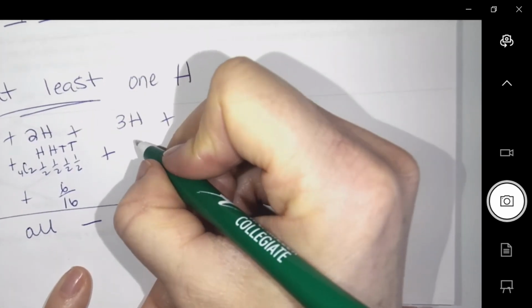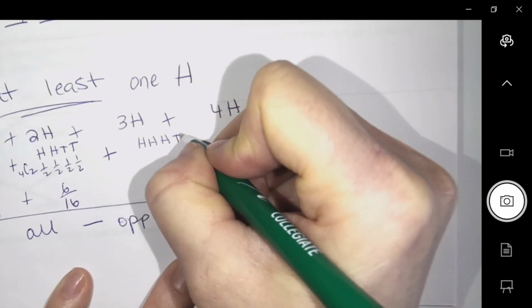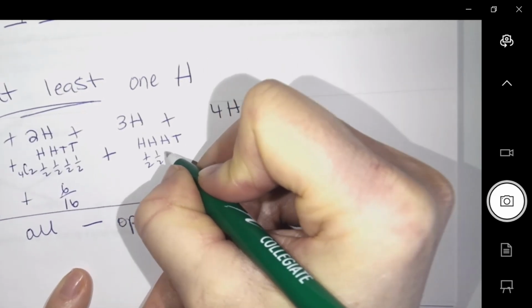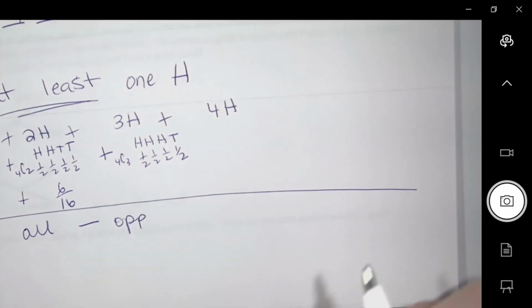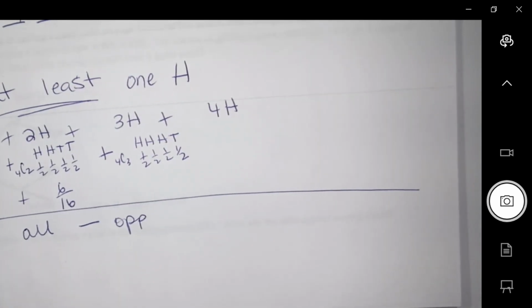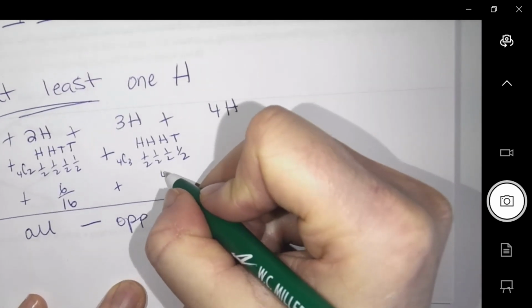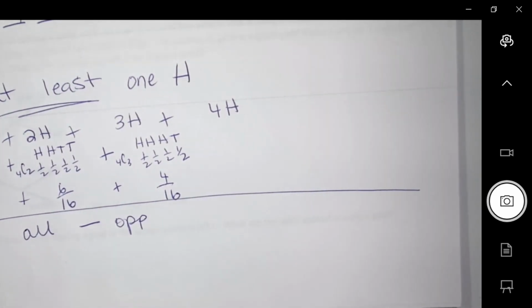So if I did 3 heads, heads, heads, heads, tails, it'd be 1/2, 1/2, 1/2, 1/2. But I need to do a 4 choose 3 because there's a bunch of different scenarios. So that is 4/16.